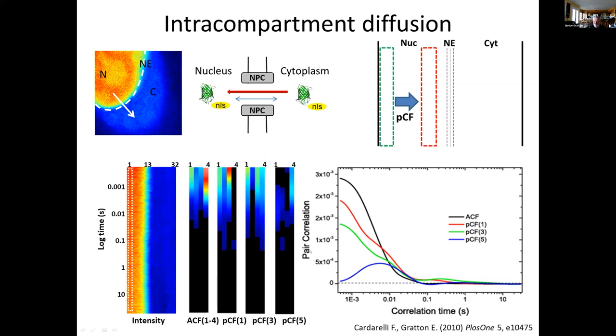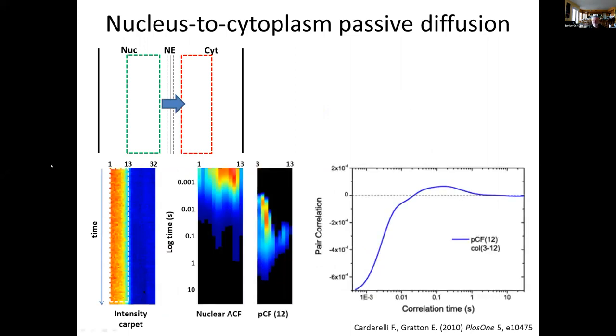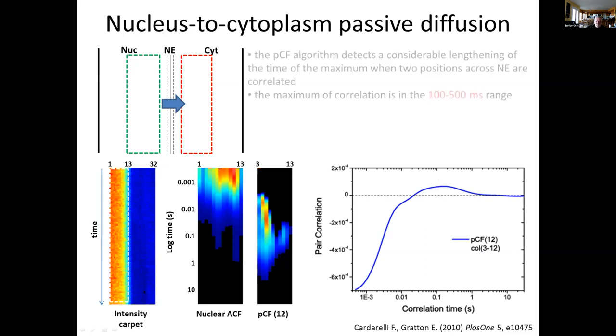Then if we increase the distance, we get a bump in the curve, which means that the particle arrives after a certain time. If we do this for all times, it appears that the nuclear envelope is crossed in essentially a millisecond. I don't know if you can see that. Those are seconds. So in about a millisecond it crosses, which corresponds to what was measured by other people.